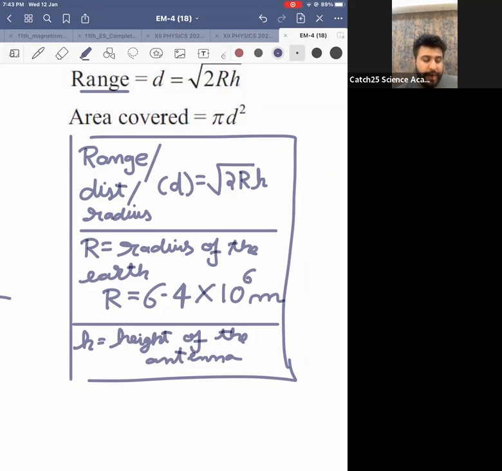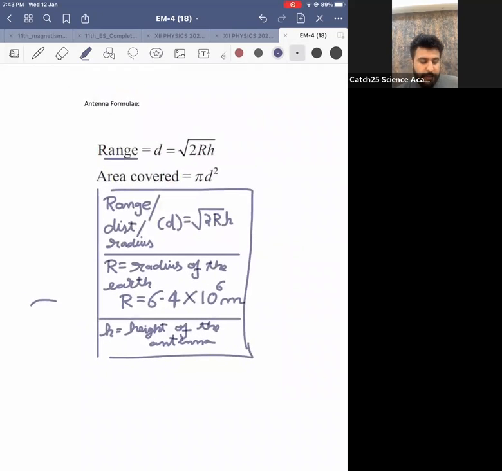Therefore, write down: range slash distance slash radius covered by an antenna is given by D equal to square root of 2RH.